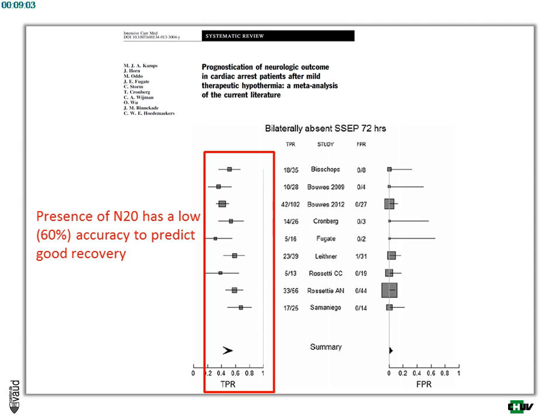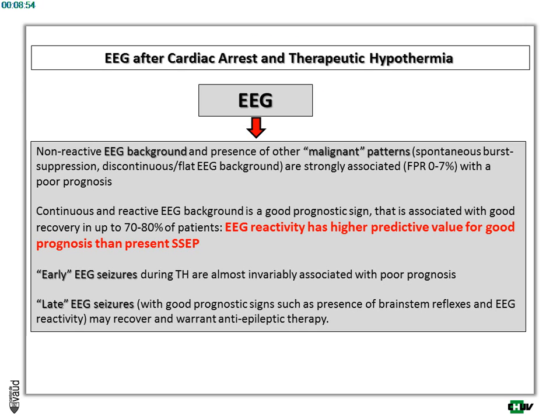But the flip side is that when you have evoked potentials, in fact, you don't know what to do, contrary to EEG responsiveness. And this is where between EEG and evoked potentials, the advantage of EEG is that you can detect seizures. And when seizures happen, which I described here as late seizures, when they happen once the patient is no longer sedated under TTM, once the anti-epileptic intrinsic effects disappear, you have a responsive EEG, you have seizures, you can treat for that, and the patients will recover.